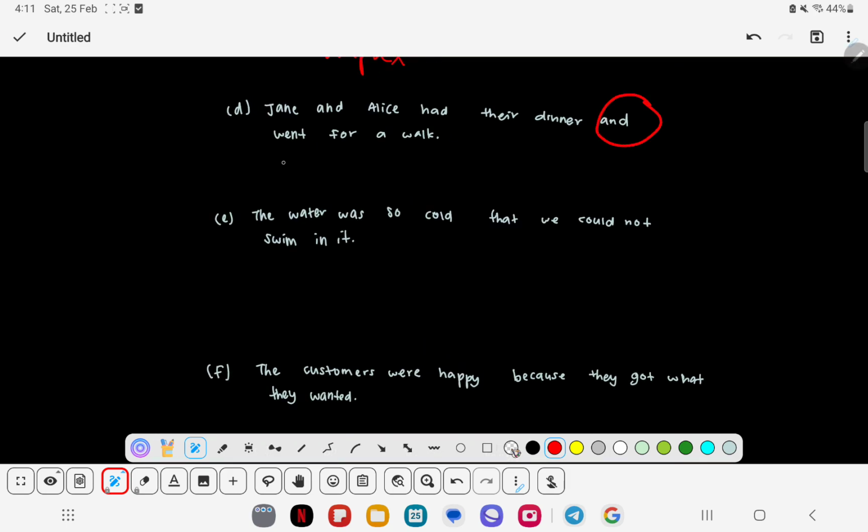Okay, let's see the E. If I'm too fast, make sure you pause the video, do it and check the answer. The E here is: the water was so cold that we could not swim in it. So what is the answer? It will be a complex sentence.